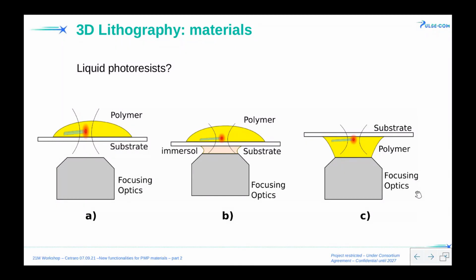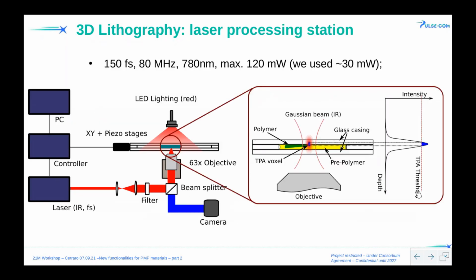We focus the laser right at the surface between the glass and the photoresist, because our structure has to stick to something. And here we have different setups. For higher resolution, we have immersion oil, and for opaque substrate, the last image. Now this is the installation that we are using.